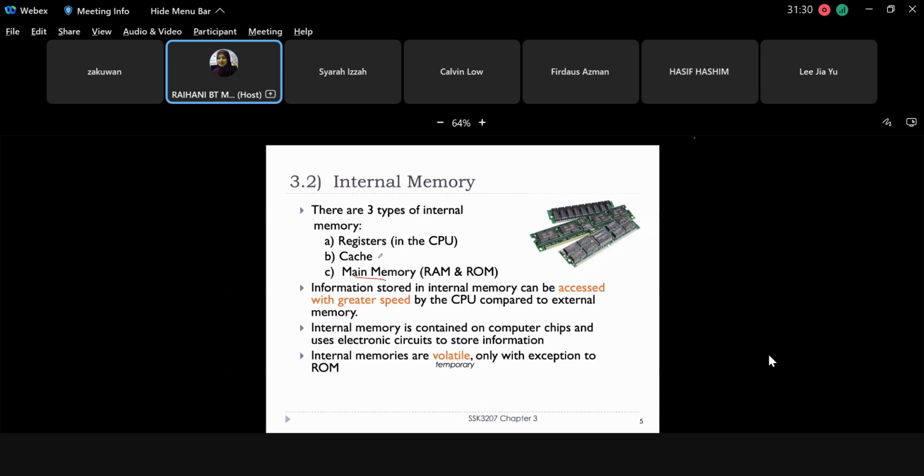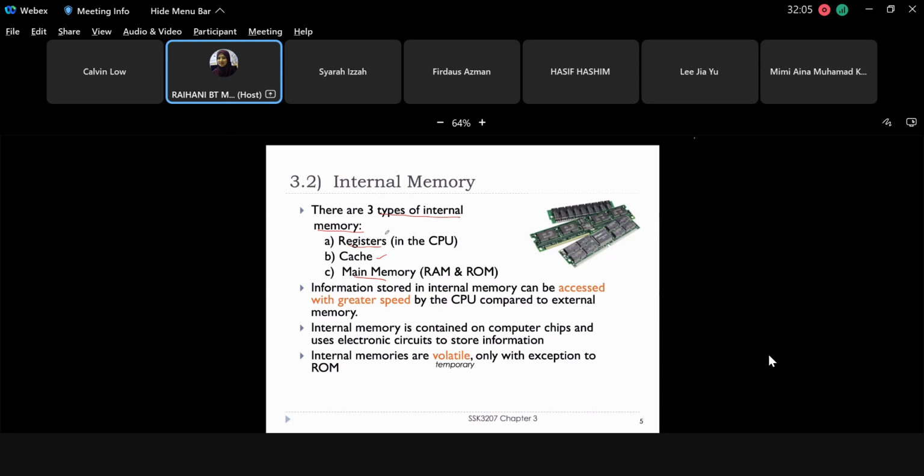Here we will look into how the architecture of the cache is and why it needs to be inside the memory. Registers are basically located in the CPU.